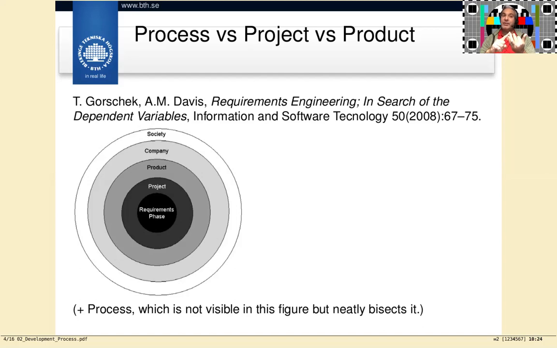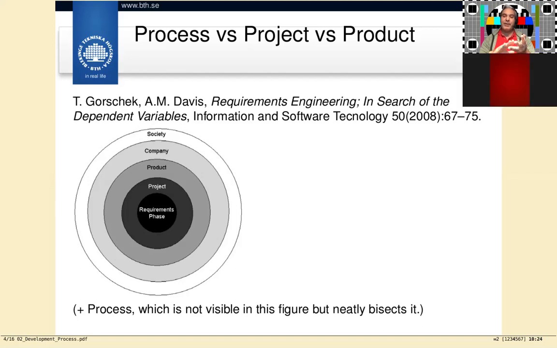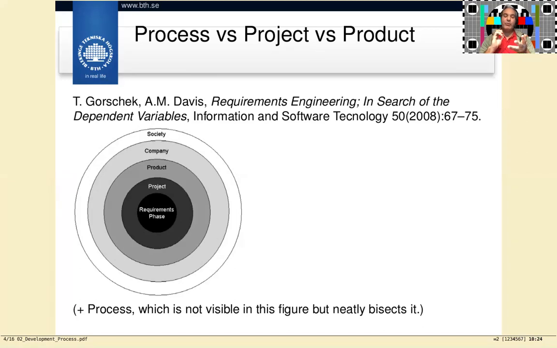Because if we're optimizing for the project, we want to finish on time, no matter if we've implemented everything we should, no matter if there are requirements left that we push to the next project.